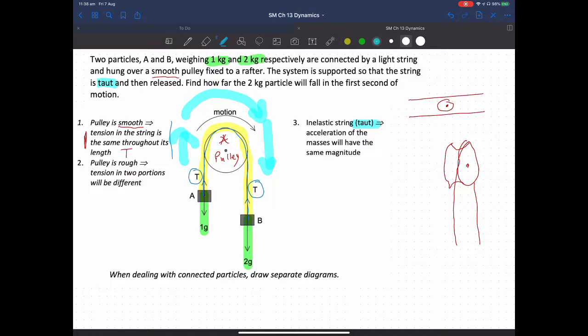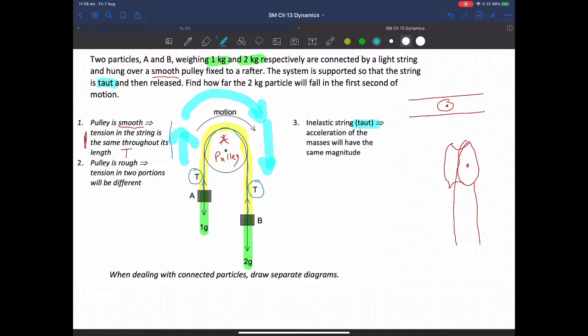So we can see which direction the motion will be. The acceleration will have the same magnitude for both objects. So both sides have the same magnitude of acceleration.